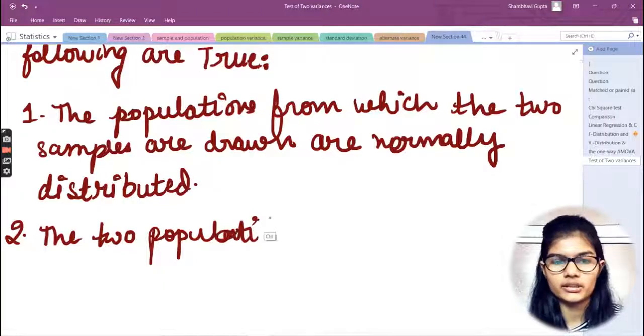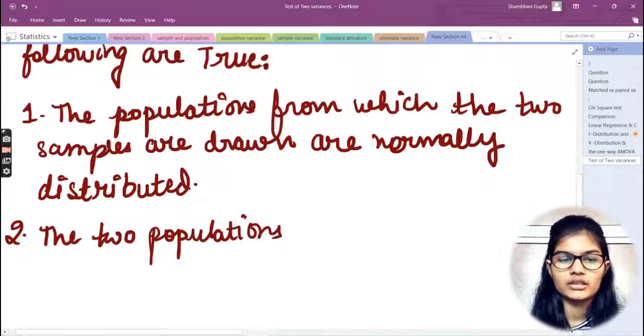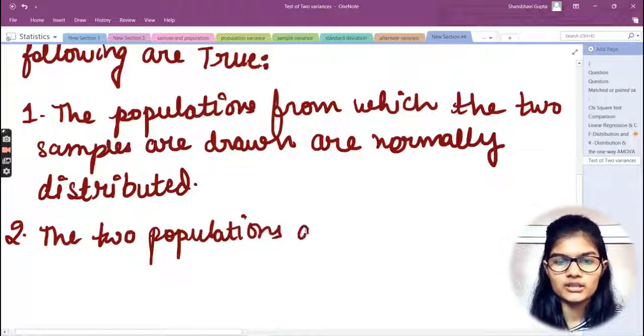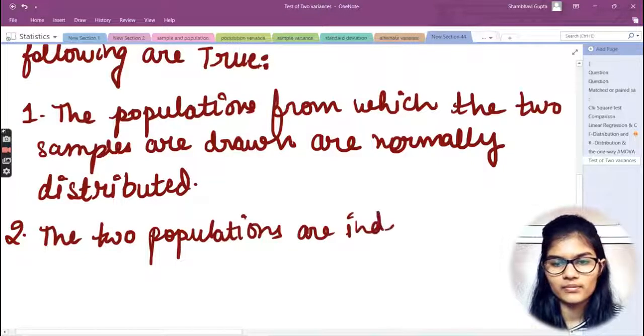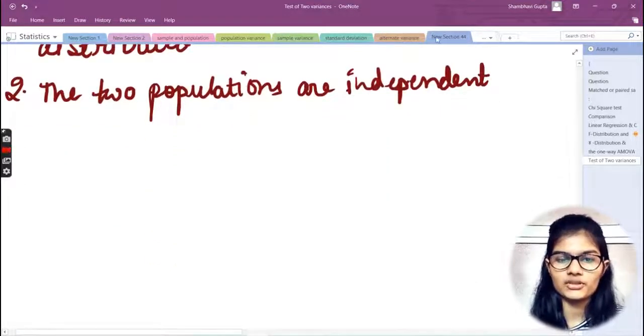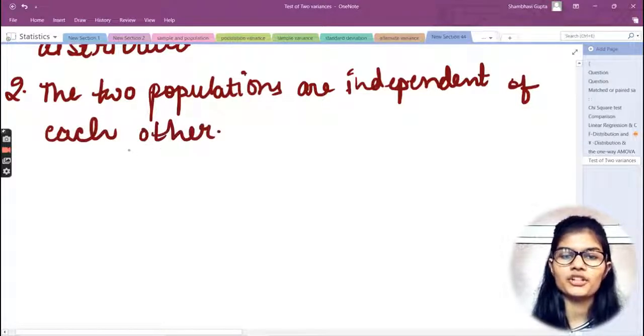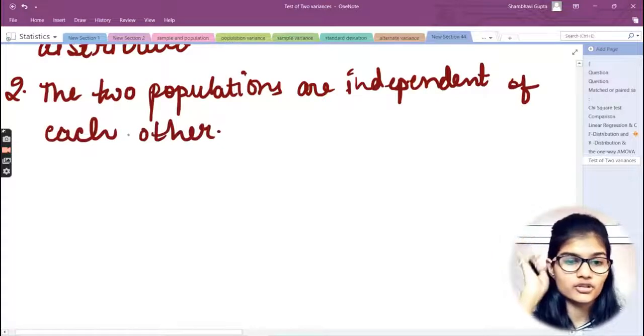The two populations are independent of each other. So the two populations which we are having are independent of each other.